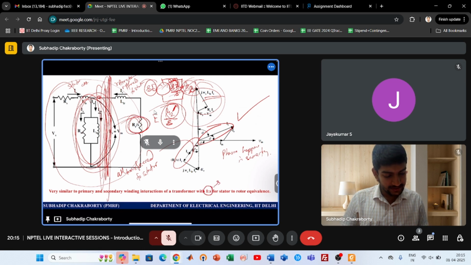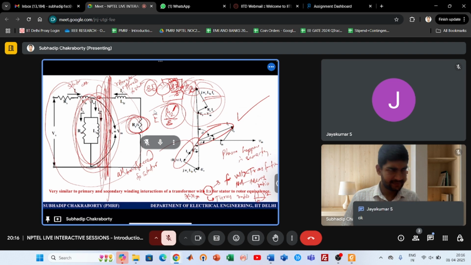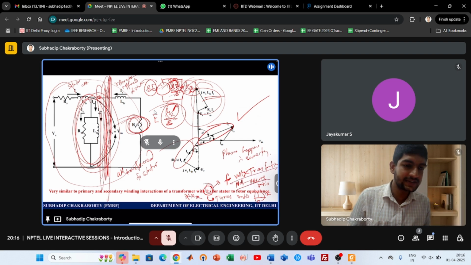So 1:S is for voltage transformation, not turns ratio. The turns ratio effect will be 1 by N square. So please don't confuse, okay? Just to bring the equivalence of the two operations with a transformer, we are writing 1:S for voltage transformation. Obviously, voltage transformation is slip times.